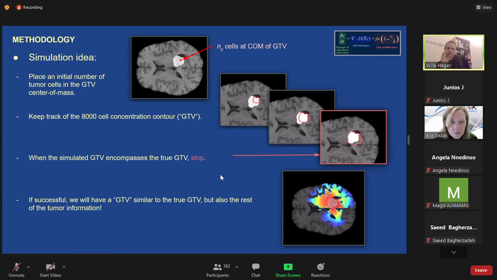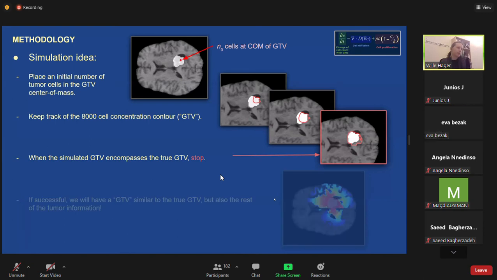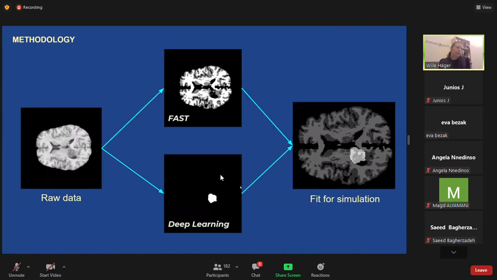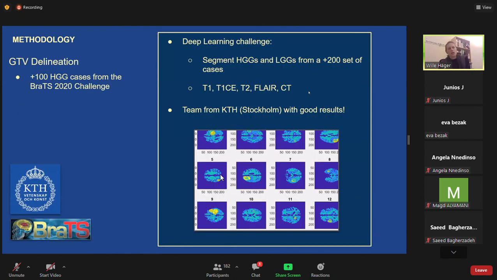To help with this, the segmentation tools in this challenge had access to, I think, all the different typical MRI modalities, as well as a CT, if I'm not mistaken. Of course, the more data you have usually for this kind of deep learning project, the better results you're going to get.